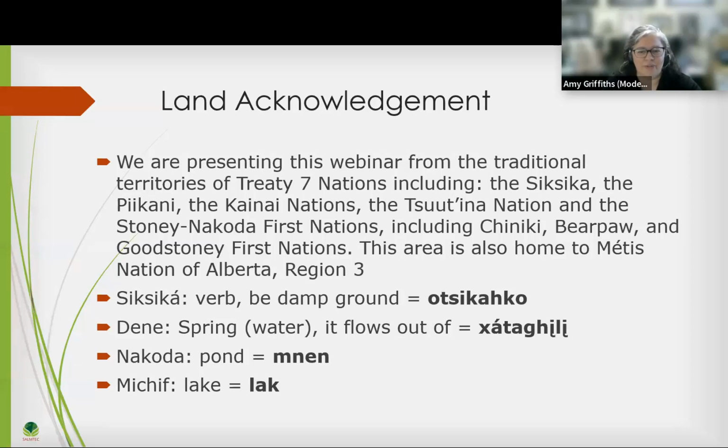And this area is also home to the Métis Nation of Alberta, Region 3, within the historical Northwest Métis homeland. We acknowledge the many First Nations, Métis and Inuit who have lived in and cared for these lands for generations. We're grateful for the traditional knowledge keepers and elders who are still with us today and those who have gone before us.